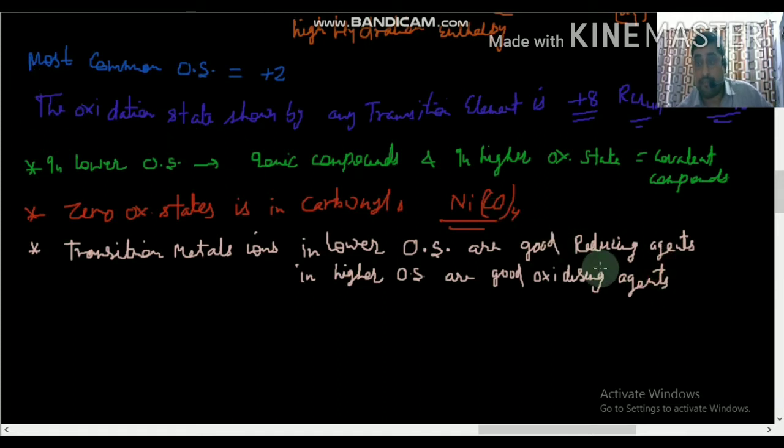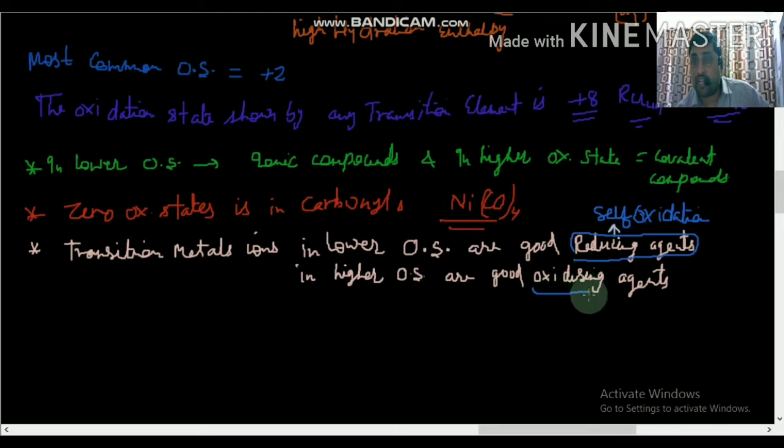Reducing agent means self oxidation. If they are in a low oxidation state, they can further go to a higher oxidation state. That's why they are good reducing agents.